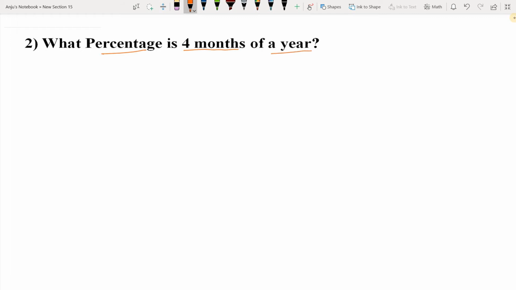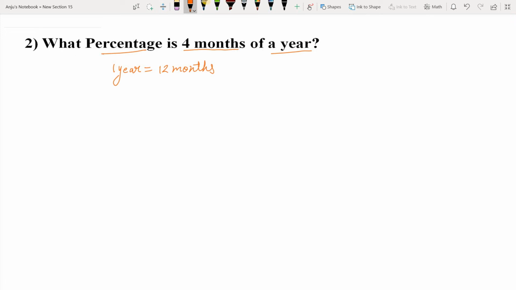Question 2. What percentage is 4 months of a year? Students, in this question, time के units same नहीं है. Here we have to find the percentage of 4 months of a year. So, as we know, 1 year is equal to 12 months. Students, as we have already learned in our previous class कि जब हमें small unit को big unit में convert करना होता है तो हम divide करते हैं, और जब big unit को small unit में convert करते हैं तो हम multiply करते हैं.